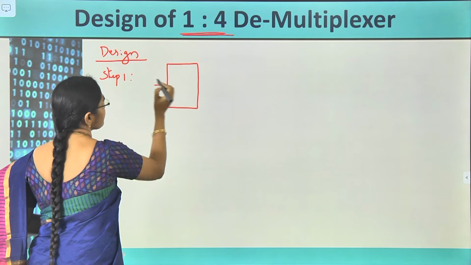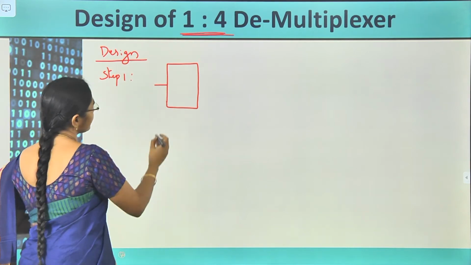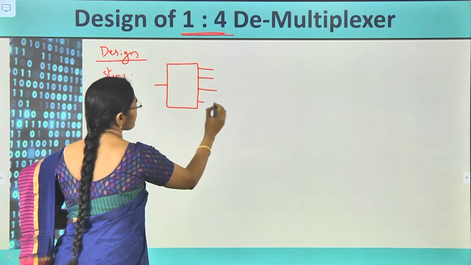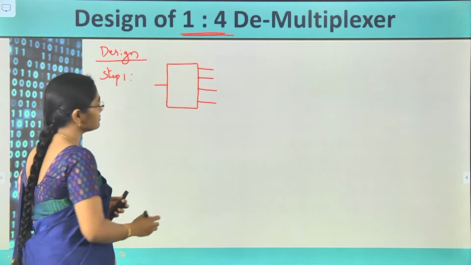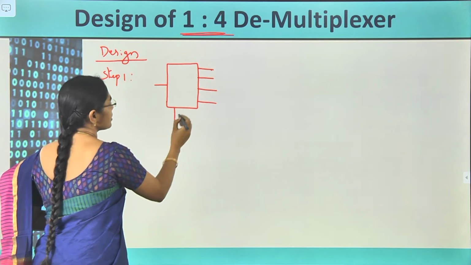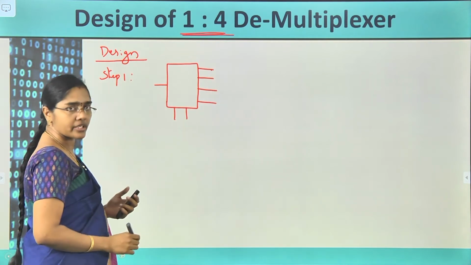A 1:4 demultiplexer means it is going to have 1 data input and 4 data outputs. Since it has 4 data outputs, 2 selection signals are required.